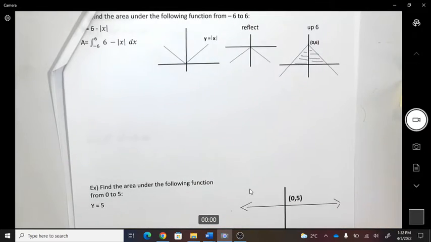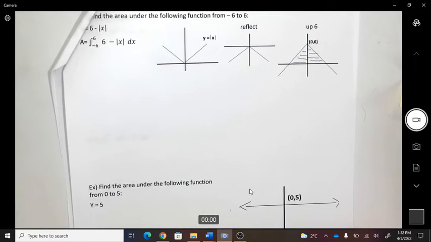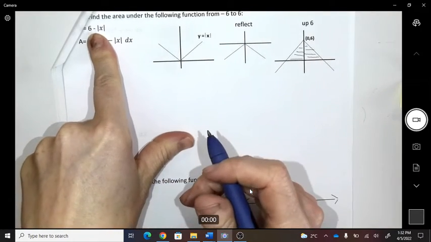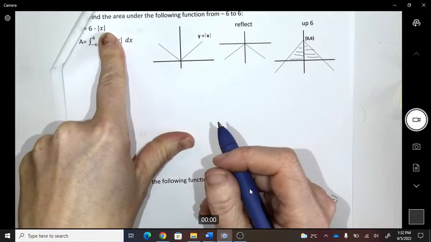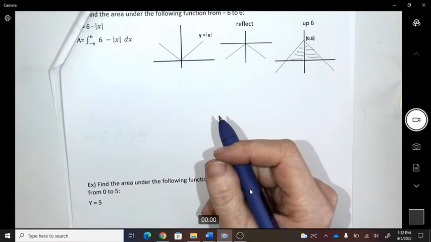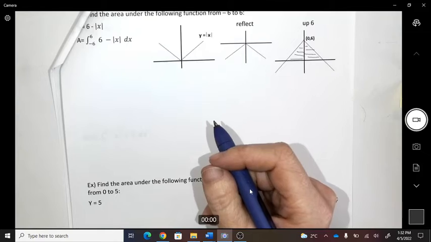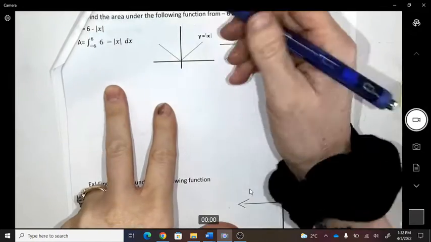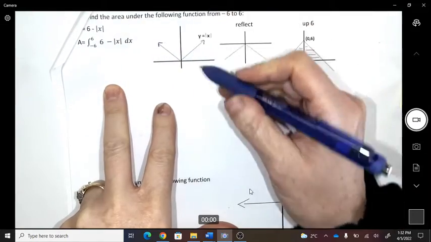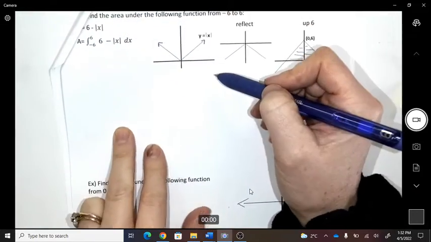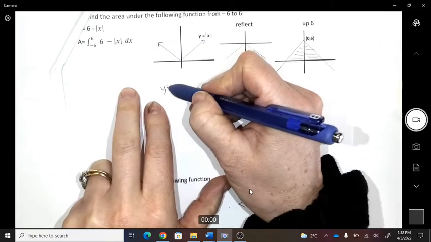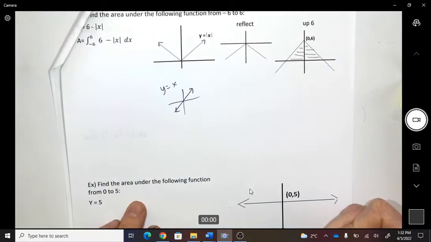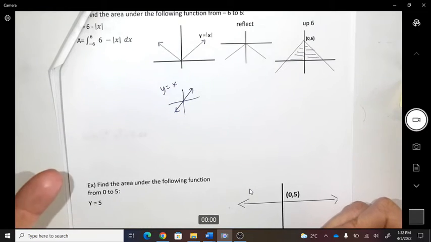Some of this stuff you're going to have your background graphing knowledge for. When I looked at the equation 6 minus the absolute value of x, I did all of the pre-calculus stuff. The absolute value of x is this graph, because y equals x is that. And then what happens when you take the absolute value of something?